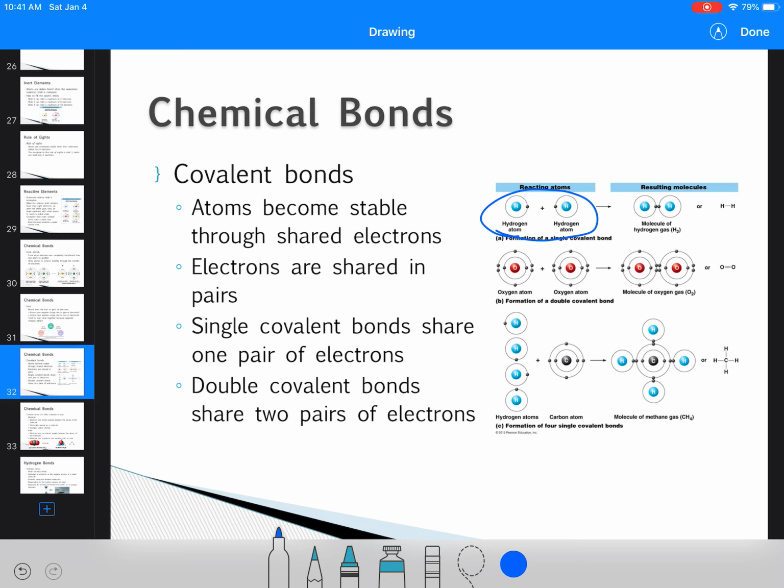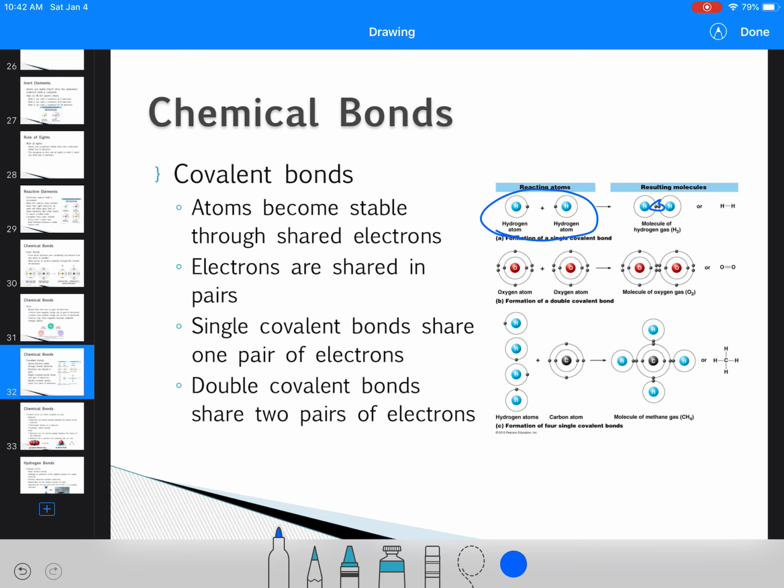Each of those hydrogen atoms only has 1 electron in its valence shell. And how many electrons do we know we need in that first shell to fill it? Just 2, right? So if those hydrogen atoms come together and share those electrons with each other, then they can both have the 2 electrons that they need in order to fill their valence shell.